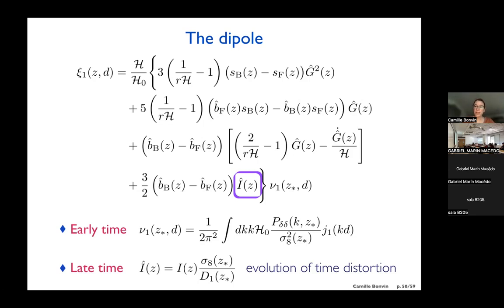So it means that if we combine the even multipoles with the dipole, we can measure the biases, the function G, and this function I in a fully model independent way. So we measure that redshift bin by redshift bin without having to make any assumption about the theory of gravity. We really use the data to measure the evolution of the potential.